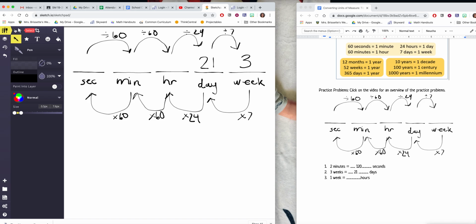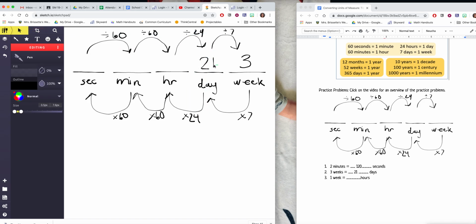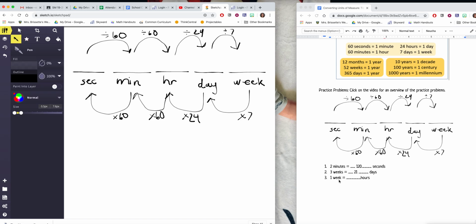Okay. And our last practice problem for this lesson is 2 jumps. It's going from weeks to hours. So let's fill in what we know. It says 1 week is equivalent to how many hours? I'm going to do 1 jump times 7, which will give me how many days. So 1 times 7 is 7 days.